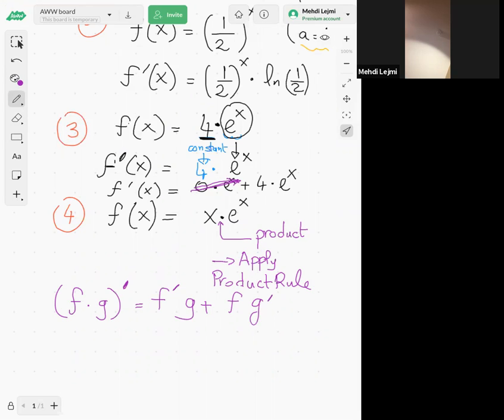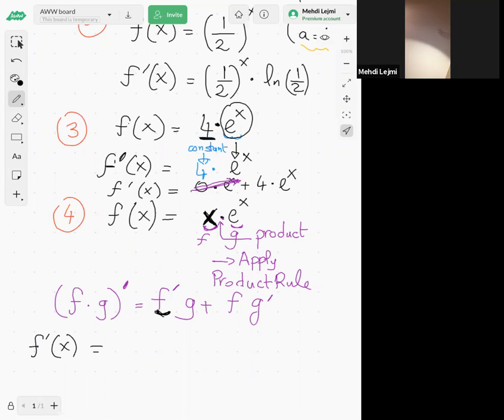So this x here is like f in the rule, and e to the x is like g. Now the derivative: first, the derivative of the first function, which is x.